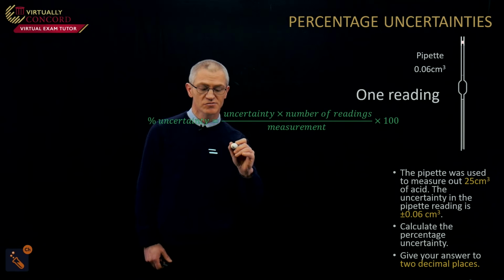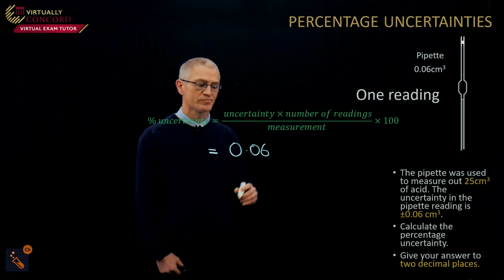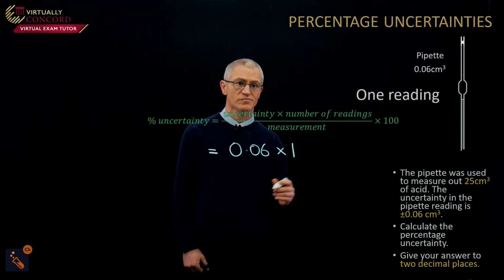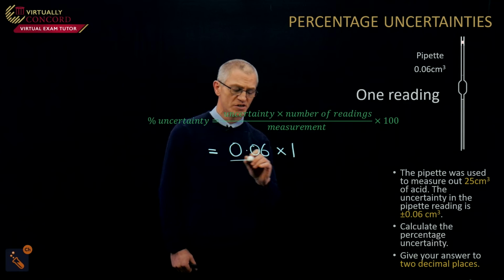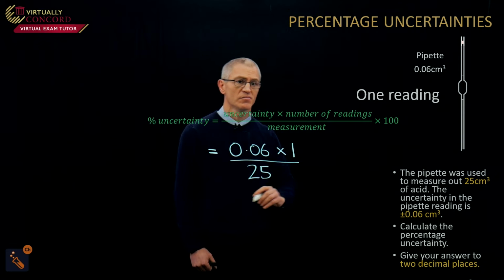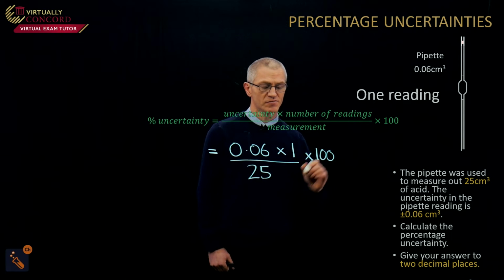So our uncertainty, as we said, was 0.06. We know the number of readings. The number of readings is 1. Okay. We know the measurement is 25, okay, and we know it's a percentage, so don't forget the percentage.